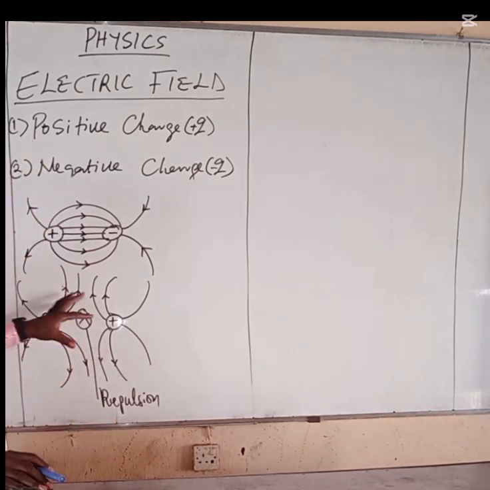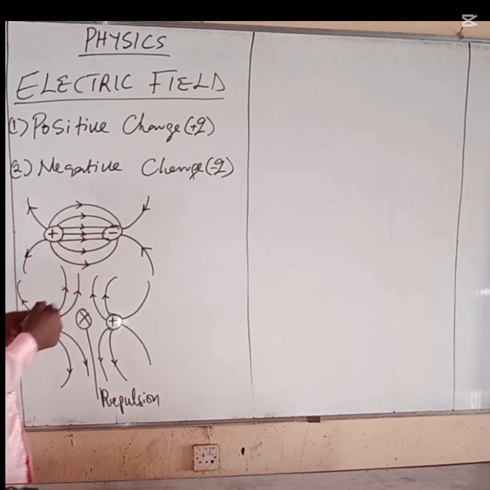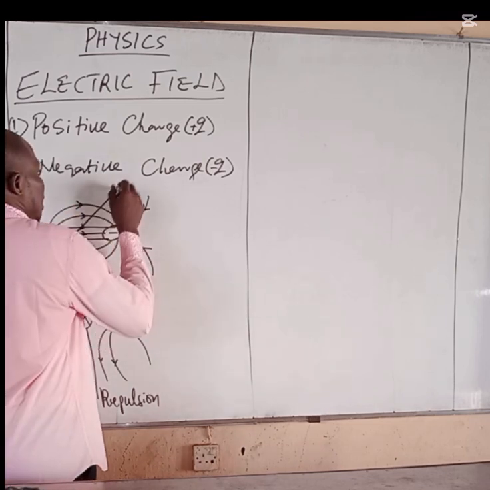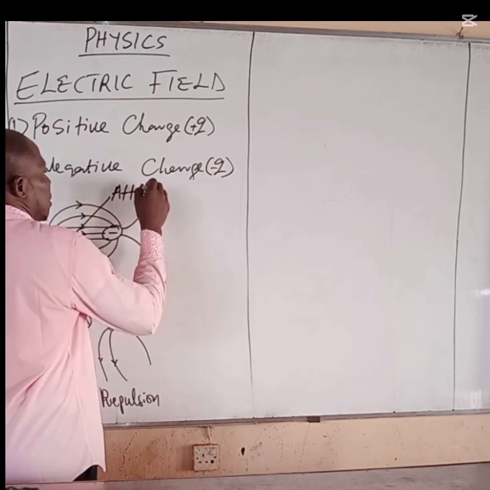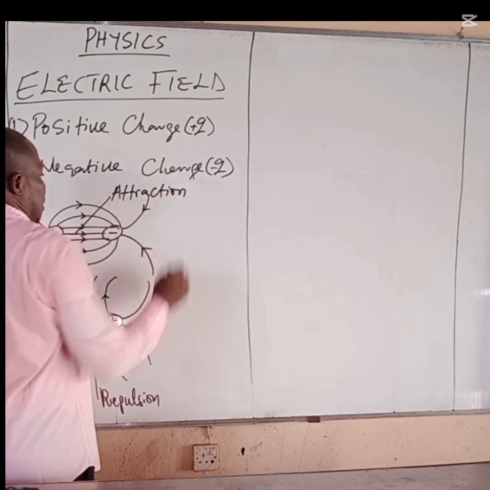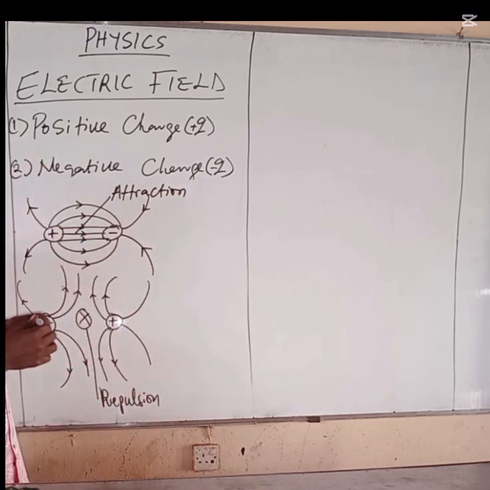A null point, nothing is happening there. Because of this force of repulsion, the charges are repelling away each other. Okay, while here, attraction is happening. There is force of attraction here, and there is force of repulsion here.